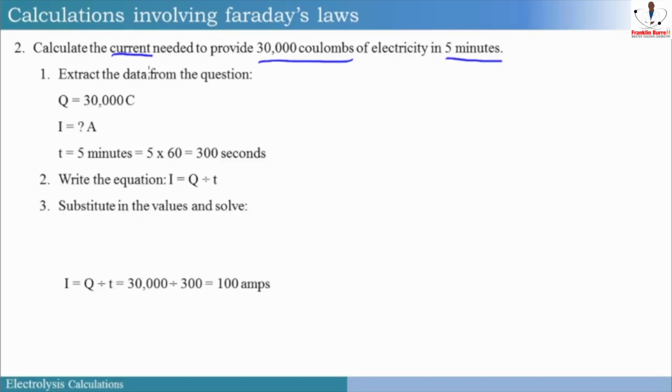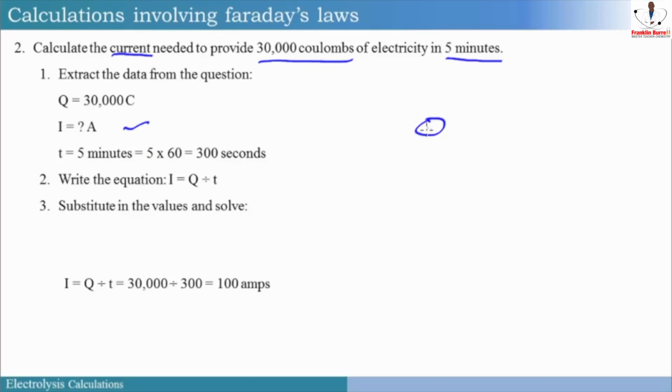So what current must I provide in order to produce 30,000 coulombs of electricity in 5 minutes? So what do we have? We have Q, we have time. Again, time in minutes must be converted to seconds, and we want to find current.